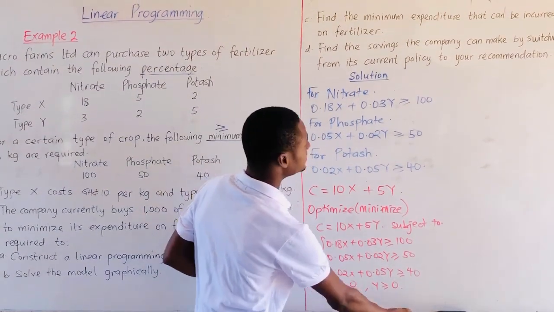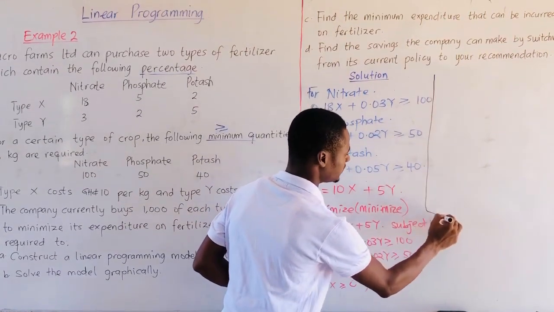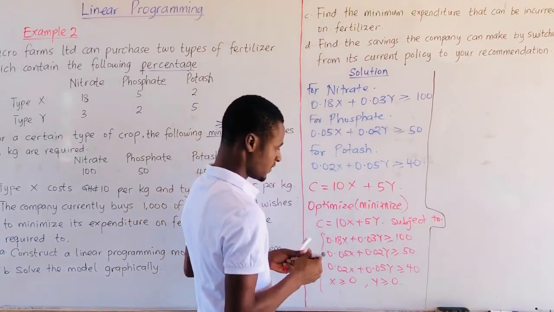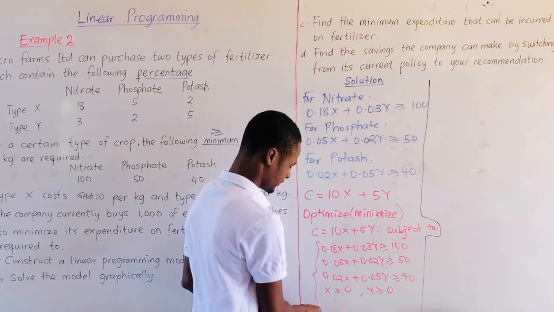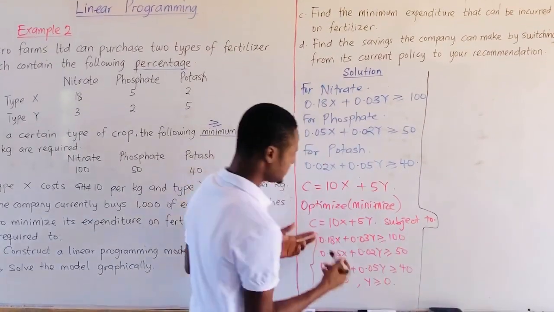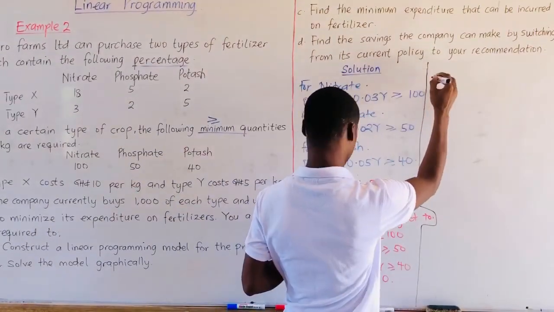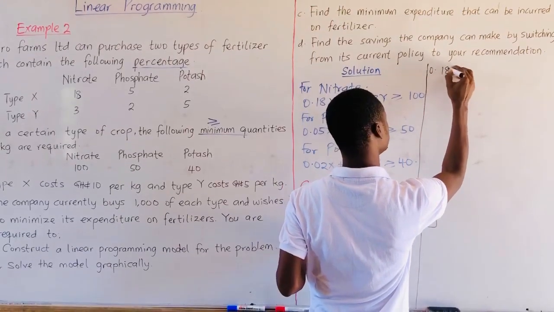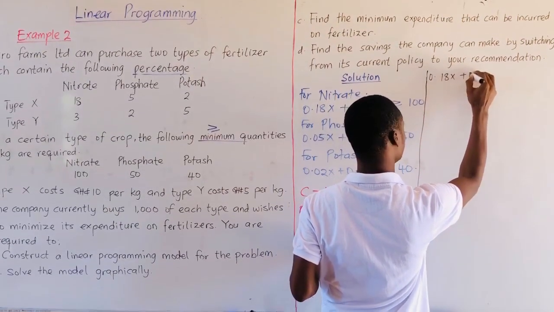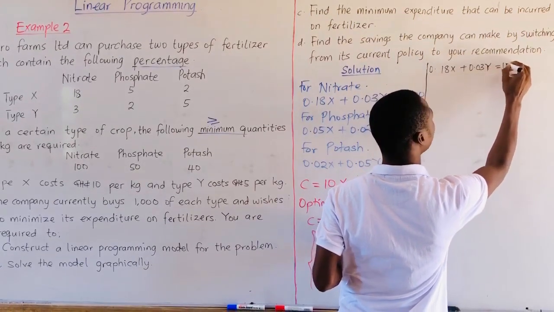So let's move on to find our points and then plot them on the graph. For equation 1, these inequalities will all be changed to equations, and our equation 1 is going to be 0.18x plus 0.03y is equal to 100.